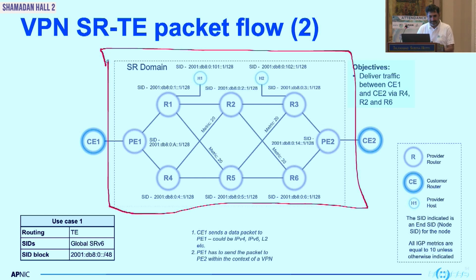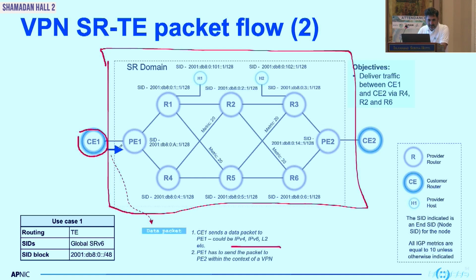So C1 is going to send one of these kinds of packets. P1 has to send the packet towards P2 within the context of the VPN, whether the context is IPv4, IPv6 or L2. And just think about it, we are sending VPN traffic, so the devices in the middle are going to be transparent with respect to the VPN.